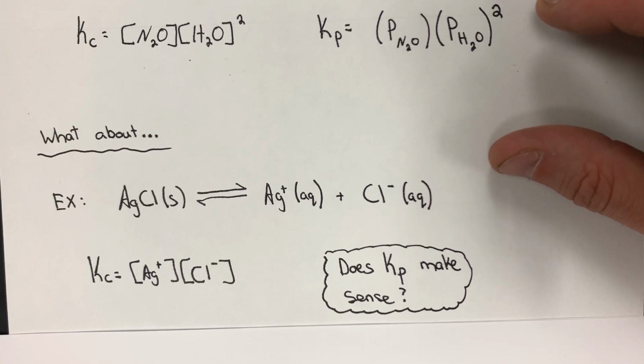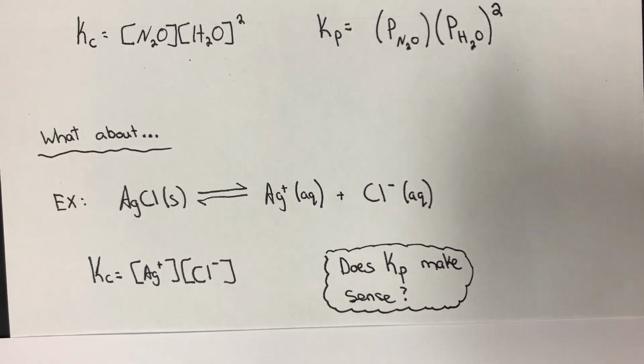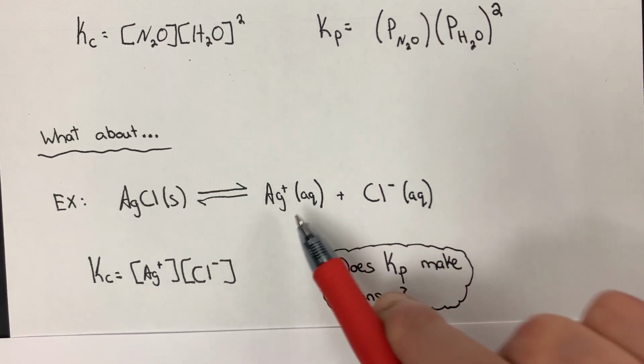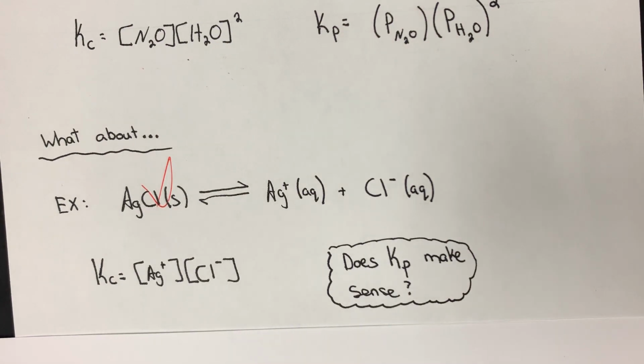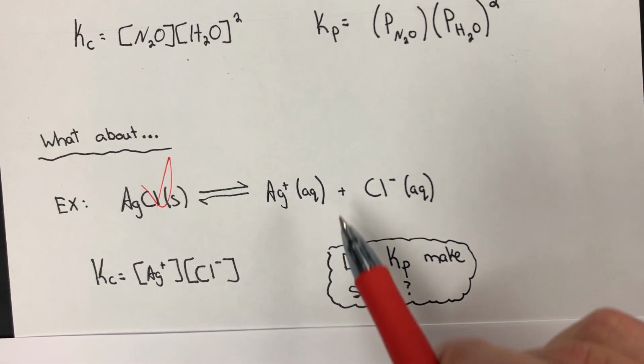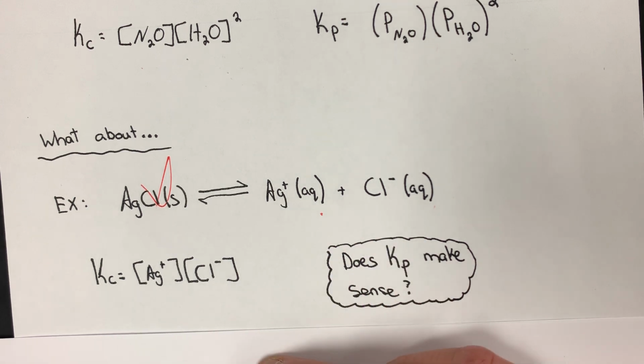In this next one, I think this is a really nice example where I have a dissolution process. I have solid silver chloride dissociating into its component ions, into the Ag plus and the Cl minus there. Now again, solid, not really concerned about. The only things that really find themselves in our equilibrium constants are gaseous species and also things that are aqueous. So I will consider the Ag plus and the Cl minus, again, products.